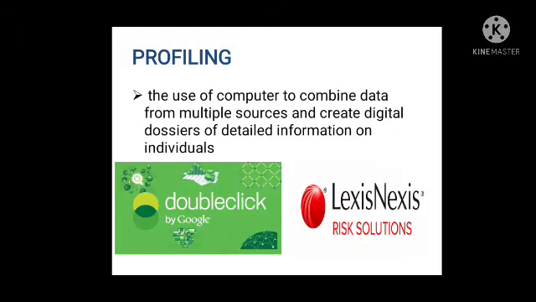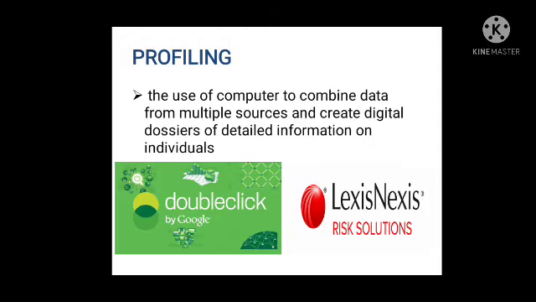For example, several thousand of the most popular websites allow DoubleClick, which was owned by Google, an internet advertising broker, to track the activities of their visitors in exchange for revenue from advertisements based on visitor information.